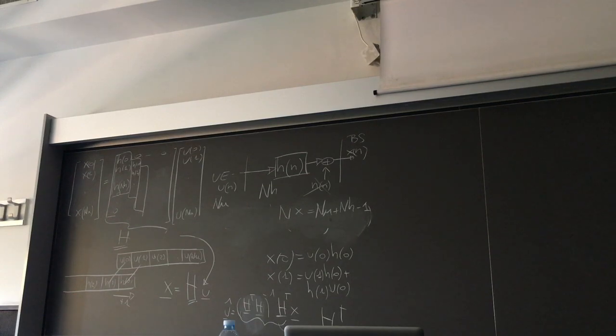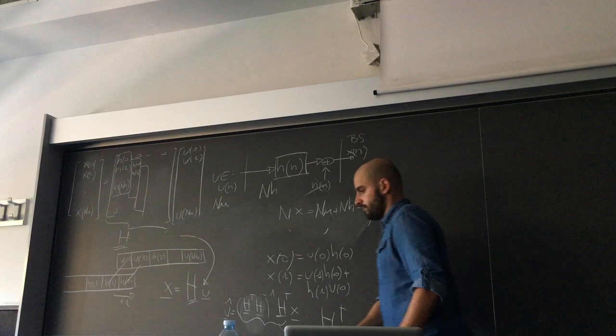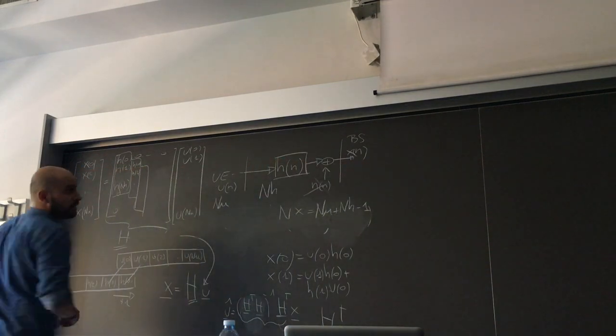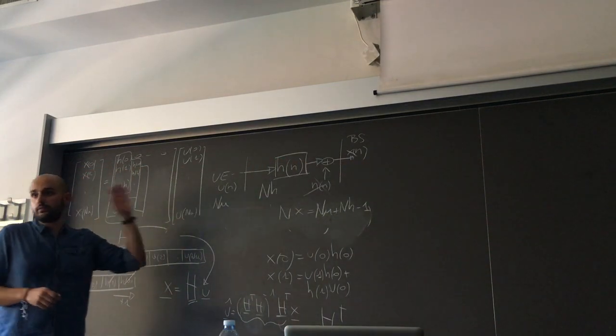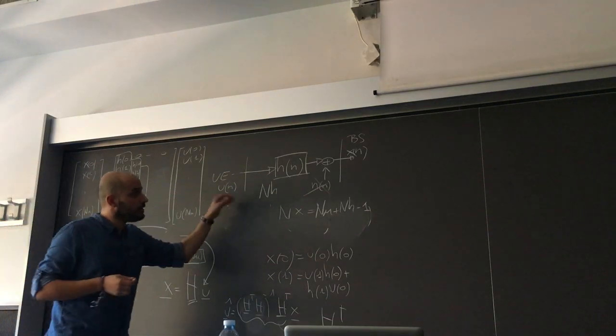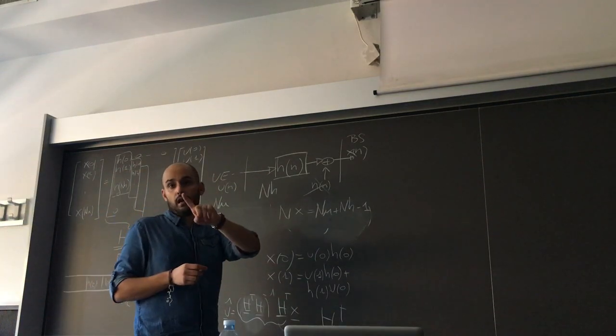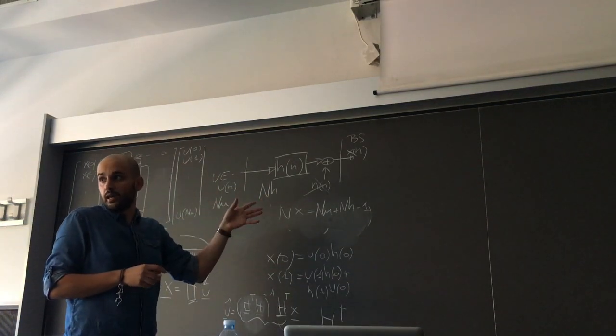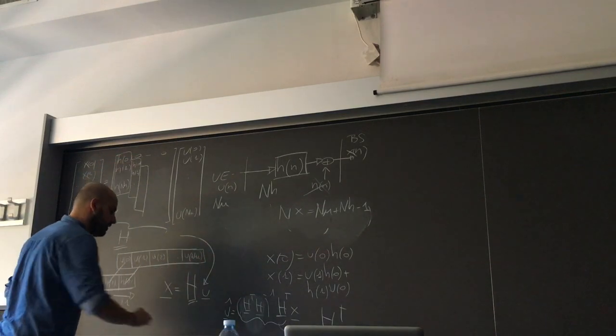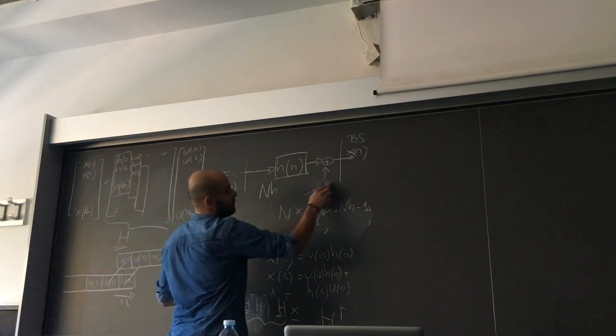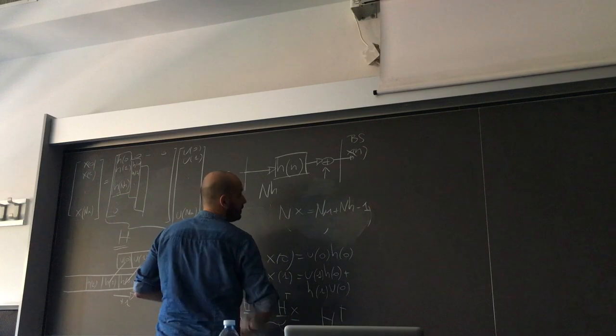Okay, now let's come back to our example, because as I said, you have a communication system, you send some signal U. By the way, now that we did this first exercise, we are ready to add back our best friend, which is the noise.